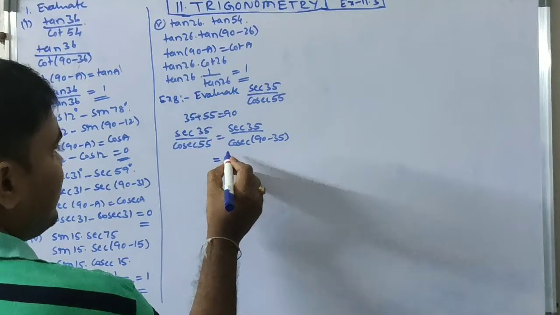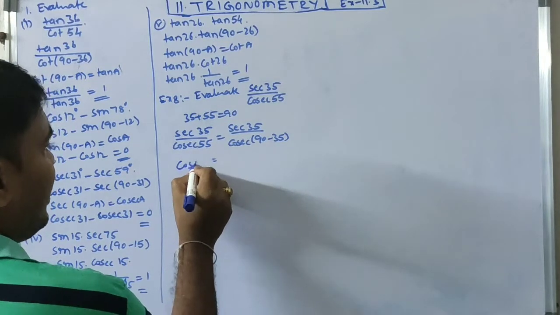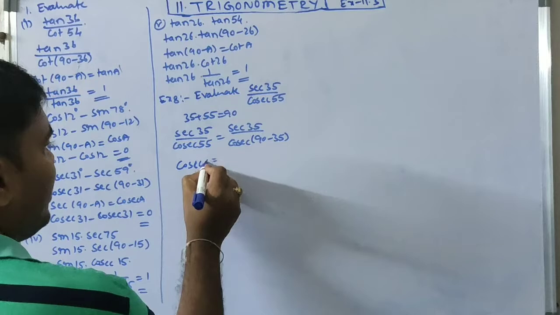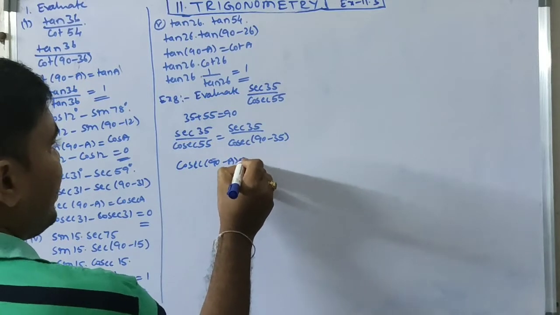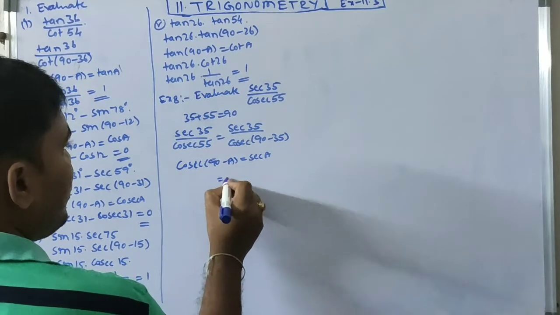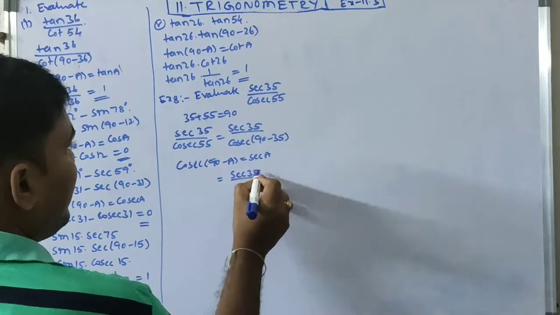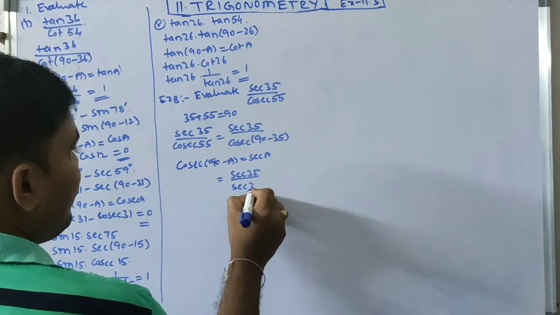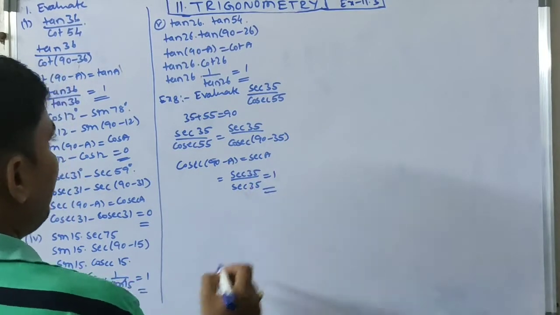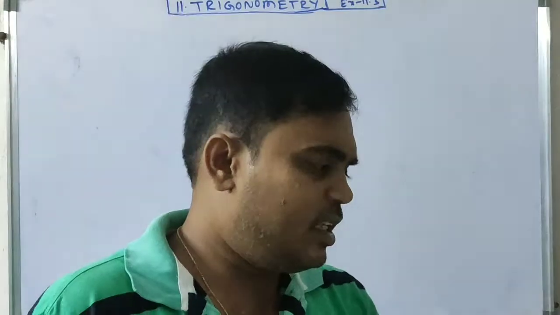Cosec of 90 minus A equals sec A, so sec 35 by sec 35. So they cancel, we will get 1.